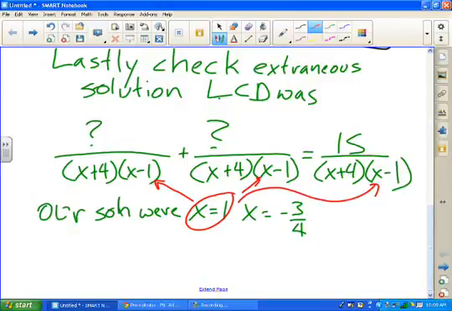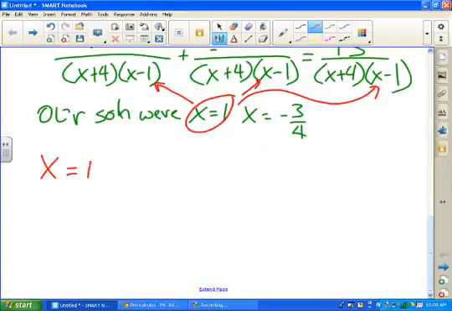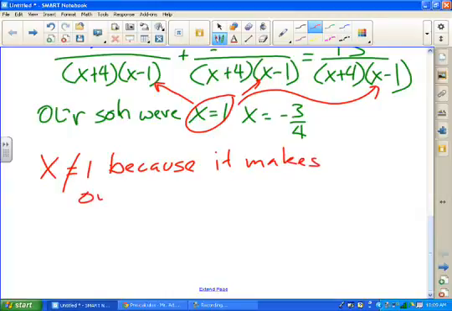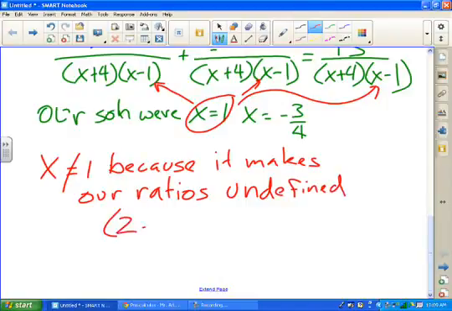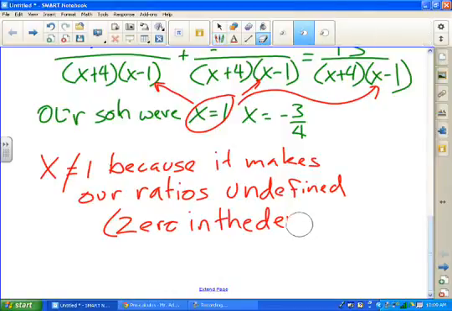And so then my denominators become undefined. We can't have 0 in the denominator. So x can't equal 1. The reason for that is because it makes the fractions, or our ratios, undefined. Ratio is a fancy word for fractions. So we would say that's the 0 in the denominator, and we can't have that.